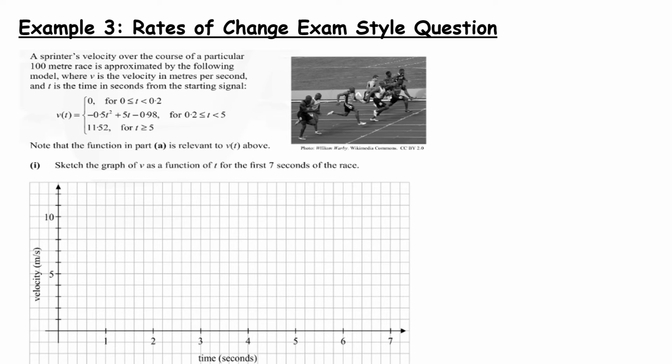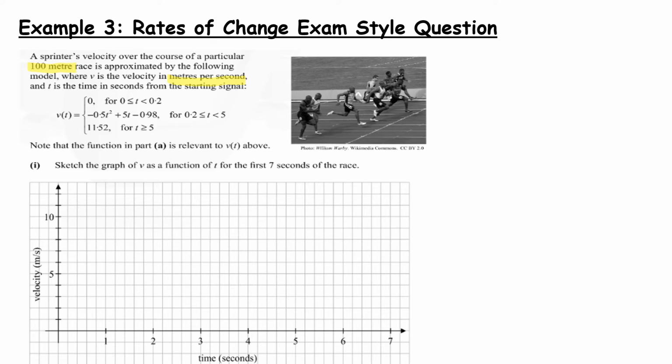We have 100 meters, so that's the full race, is approximated by the following model, where v is the velocity in meters per second, and t is the time in seconds from the starting signal.